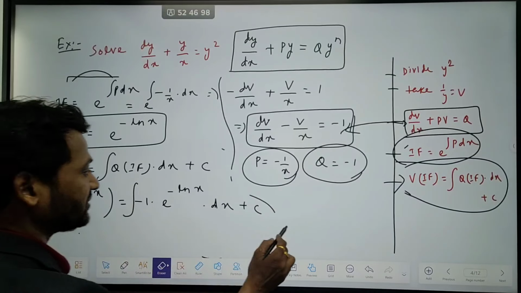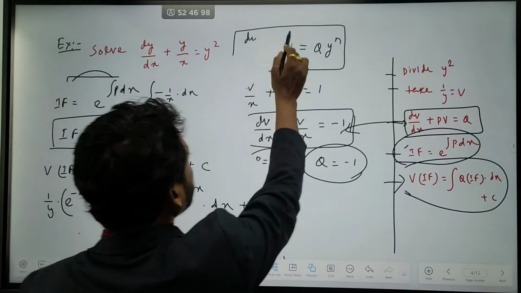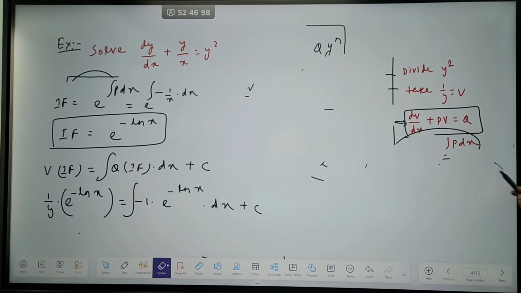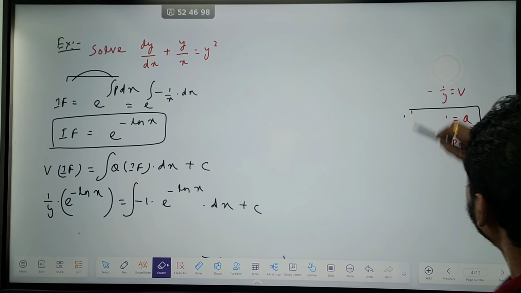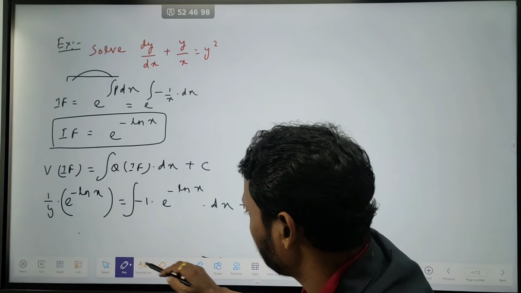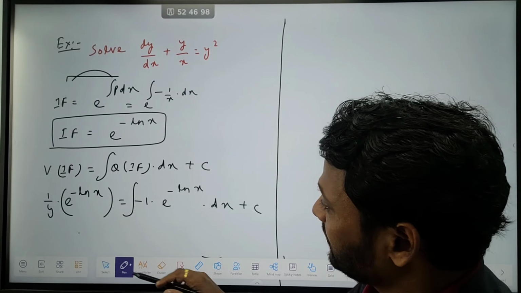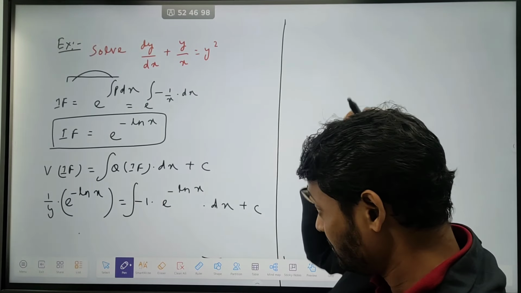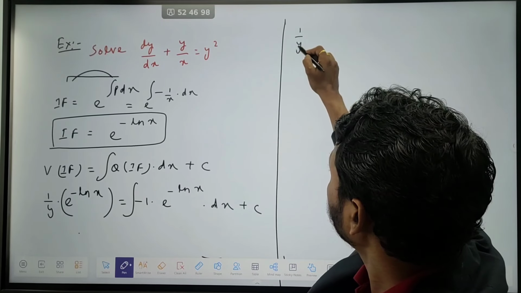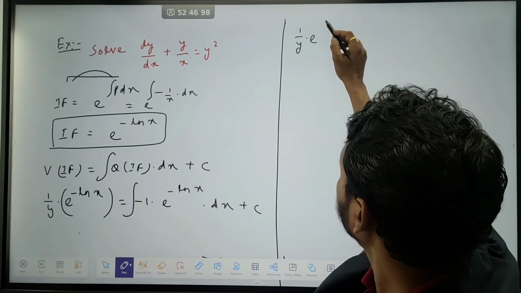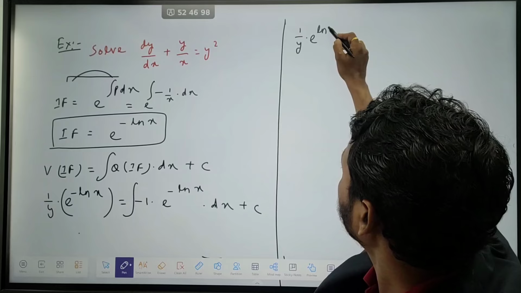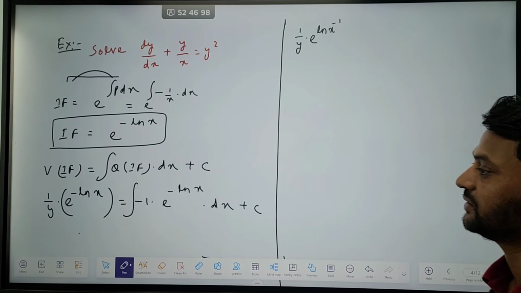Now we'll integrate this function and we'll get the solution. So here I am writing, just a minute, let me erase. Okay. See, what will happen here, I can write 1 by y into e to the power ln x to the power minus 1, right?